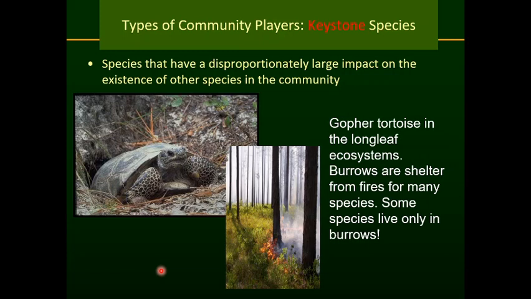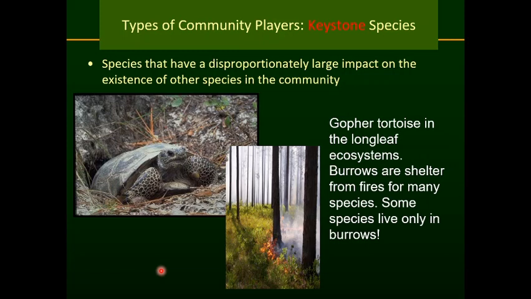And because the tortoise is there, other species are able to survive in this ecosystem that burns every 2 to 3 years down on the coastal plain, close to the coast. So without the gopher tortoise, a lot of other species would not be able to survive here. So for that reason, we call the tortoise a keystone species.